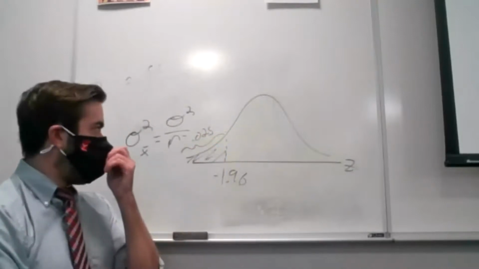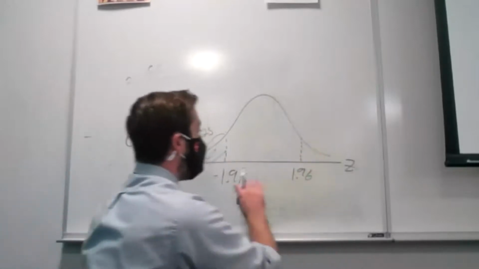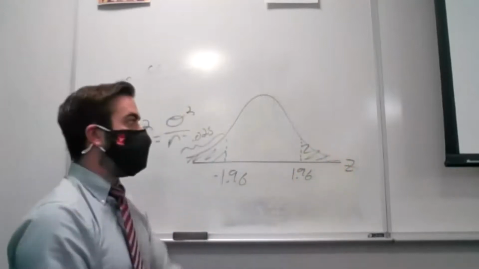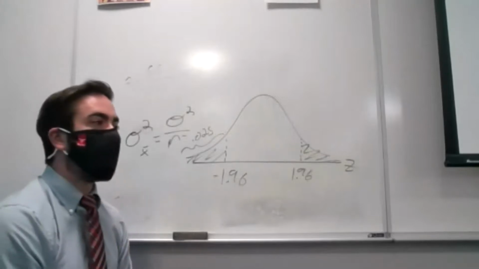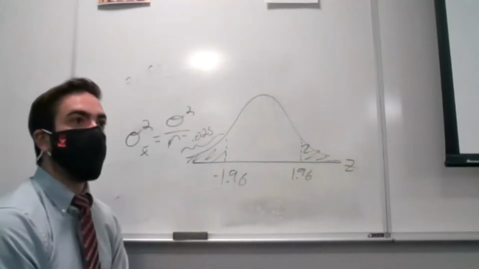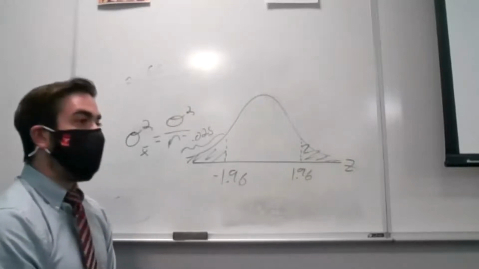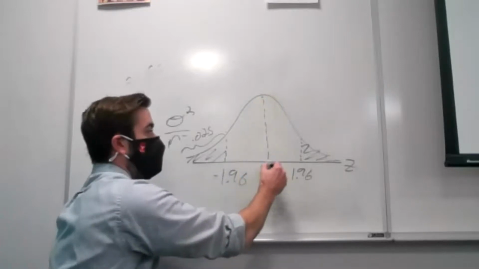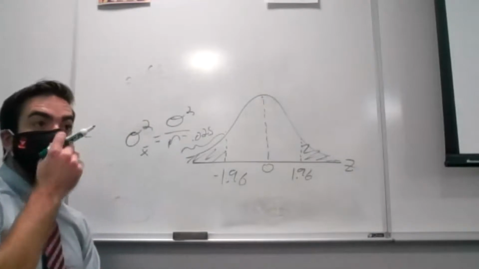If I see anything that's 1.96 standard deviations above the mean, or anything further away in that direction, what should this area be? What's the probability I see something 1.96 standard deviations above the mean or greater? Well, the normal distribution is symmetric, and it's centered around 0. Remember that the standard normal distribution has a mean of 0.